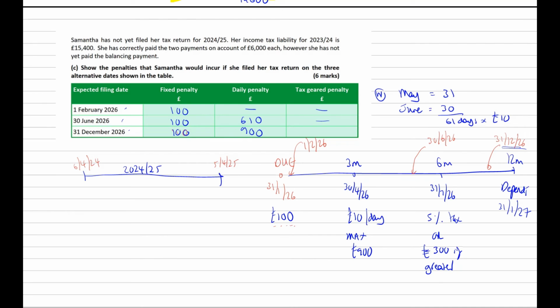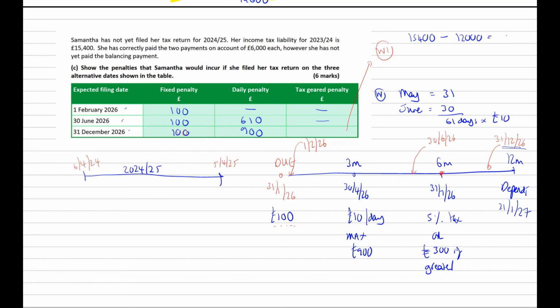And then my tax geared penalty, which is now going to be triggered because it wasn't filed on the 31st of July. 1st of August, it's still outstanding. So the next one has been triggered, 5% of the tax due, or £300 if that is greater. Let me put another little working in there. So the tax that's due, let's have a look. 15,400 is due, but she actually has paid on account, 2 payments of 6,000 each.